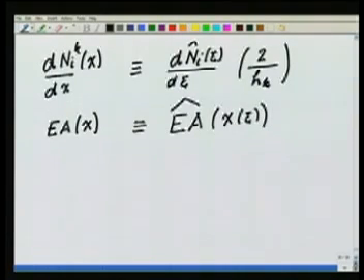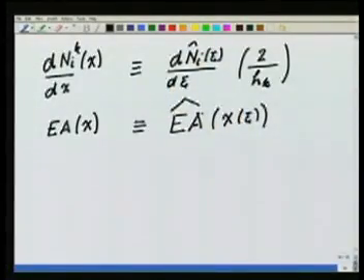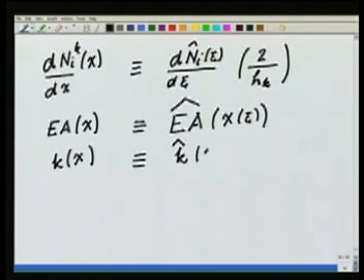That now I can write, by using the transformation properly, that Ea as a function of x can be written as a function of psi given by Ea hat. Similarly, if I had the distributed springs k of x, that would be equivalent to k hat, which is a function of psi, and f of x, which is the distributed load, will be equivalent to f hat, which is a function of psi.